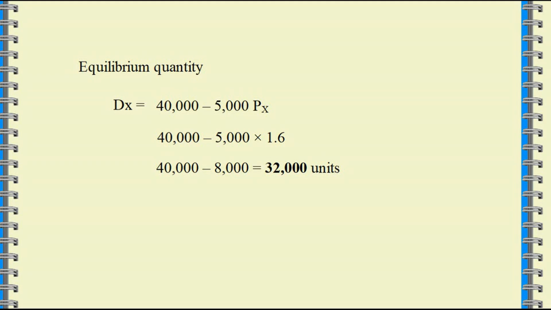When you put 1.6 in place of Px in the market supply function, the result is the same, because that is the equilibrium price, which gives us the equilibrium quantity. The equilibrium quantity is the same for demand and supply. Clear? This is how we find the equilibrium quantity and equilibrium price mathematically.